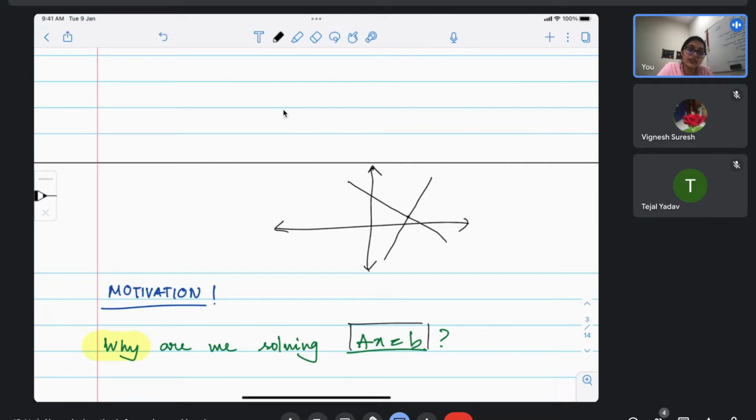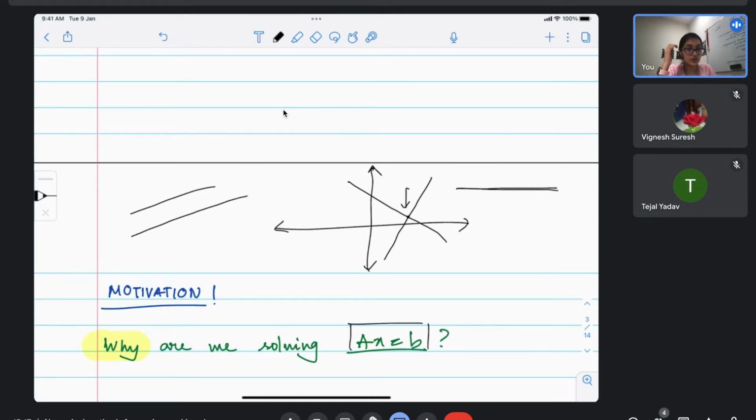Only when they intersect at a point can you find a unique solution. If they do not intersect at a point, what if two lines superimpose on each other? Then you have infinite solutions, not just one unique solution. And what if you have two lines which are parallel to each other? If they are parallel, they will not intersect at any point, and hence you will have no solution.